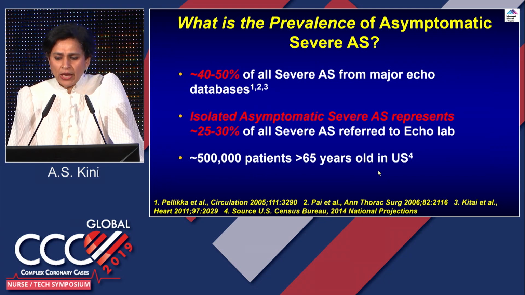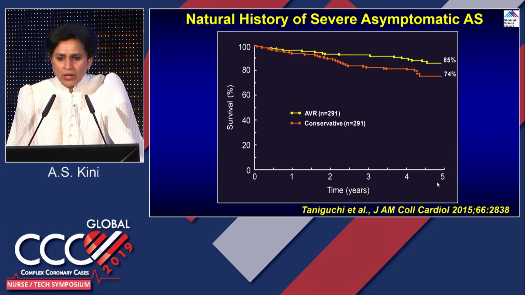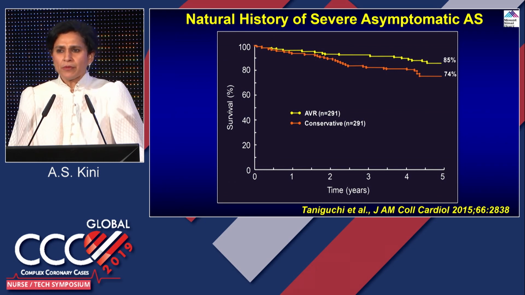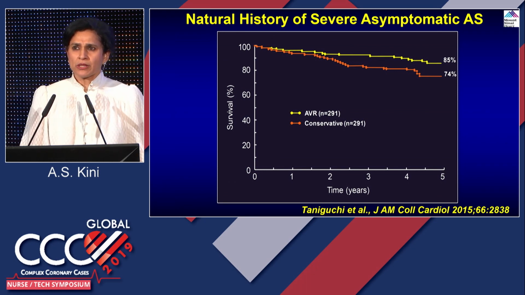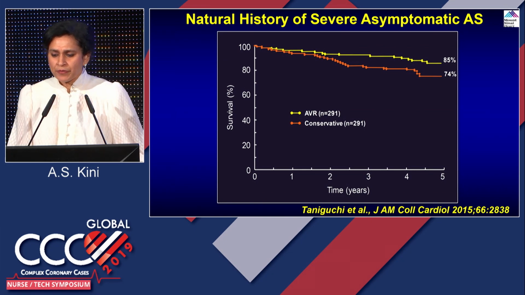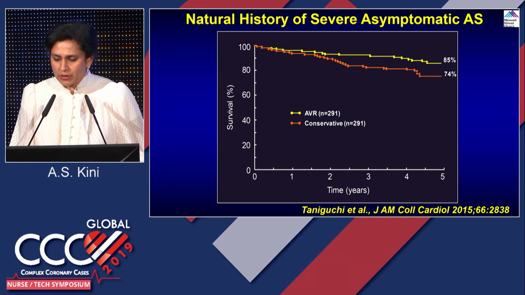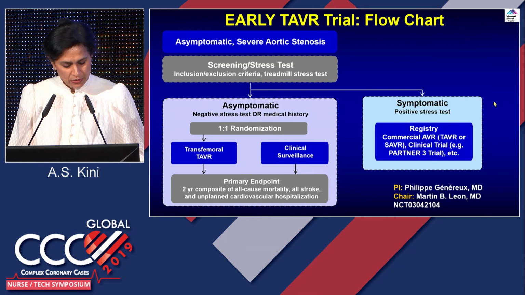So there are a lot of patients with AS out there, but unless they have symptoms, they don't present to you. The natural history of the disease is the same, so you do not wait for the symptoms. As soon as they come with some minimal symptoms, you need to take care of them rather than wait till they have severe symptoms. The severe symptoms could be syncope, or the worst, if they actually present with heart failure.